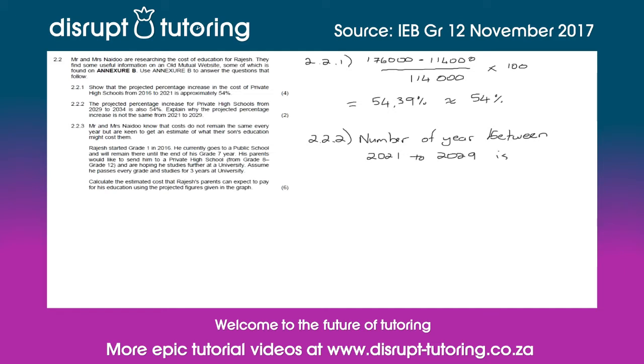We can illustrate this by showing that, as I said, 2016 to 2021 is 5 years.